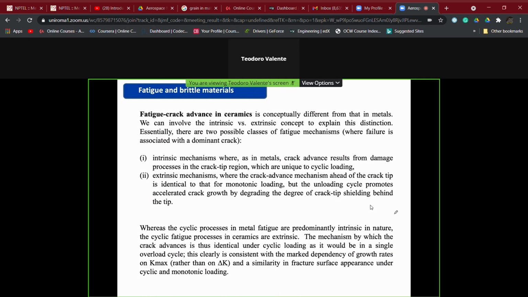And the mechanism by which the crack advances is thus identical under cyclic loading as it would be in a single overload cycle.